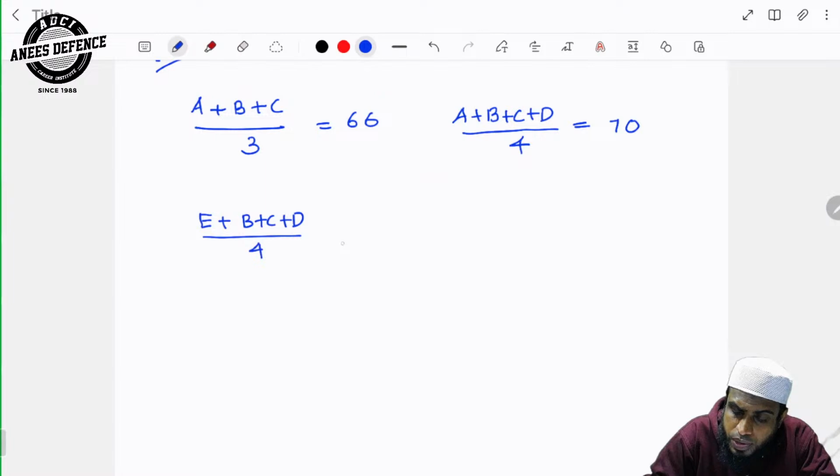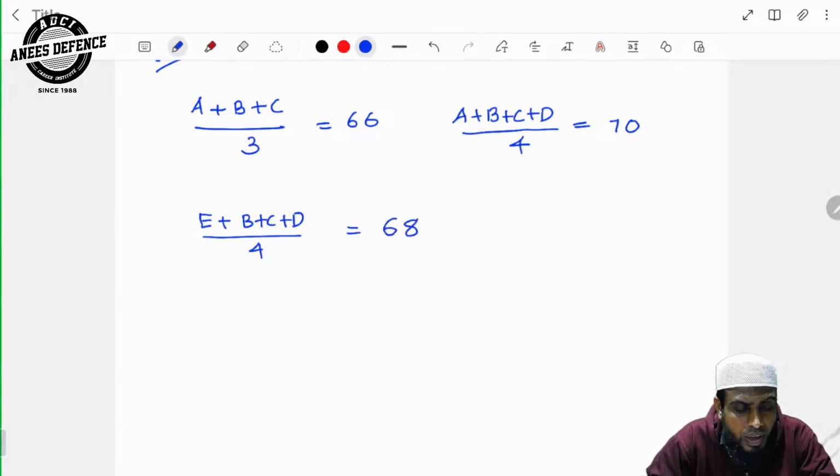If A is replaced by E, the new average is reduced by 2 marks. So the new average is actually 70, 70 minus 2, which means 68.